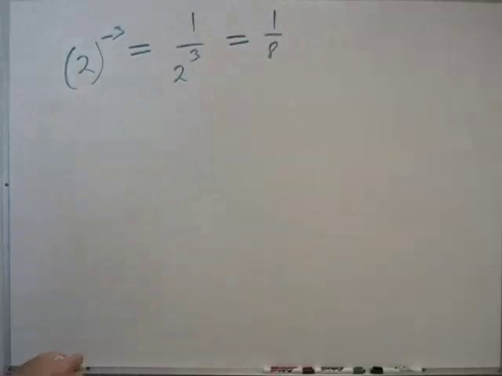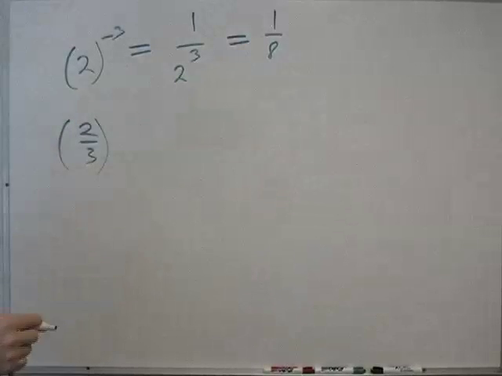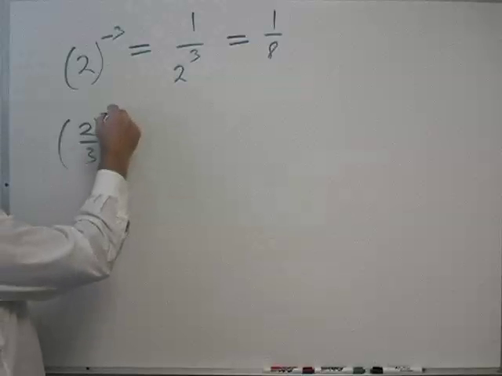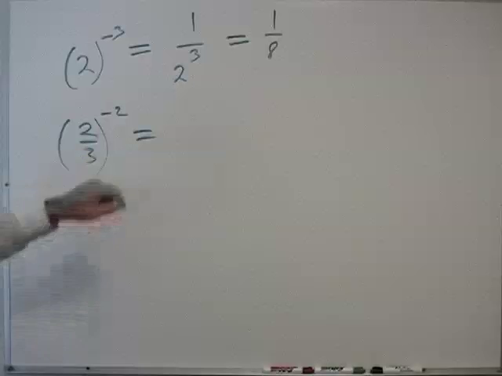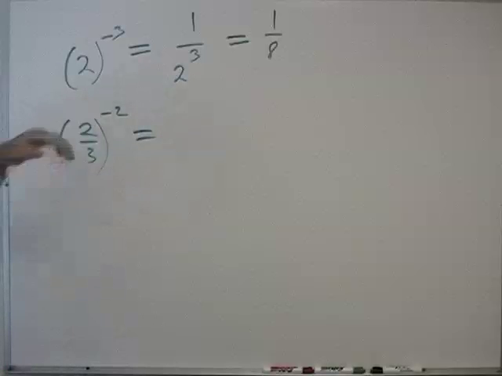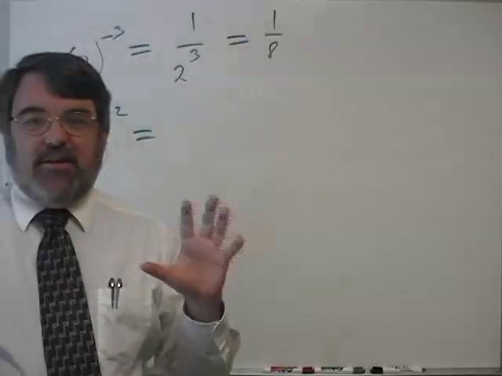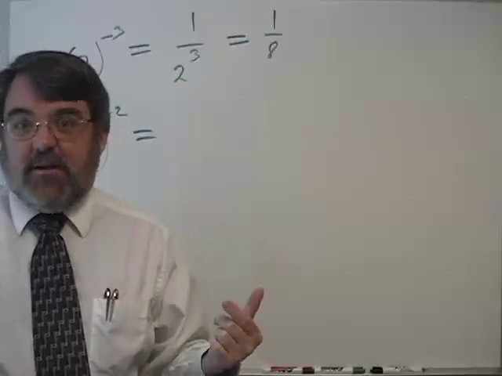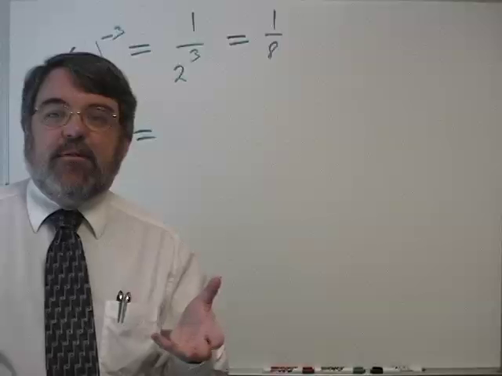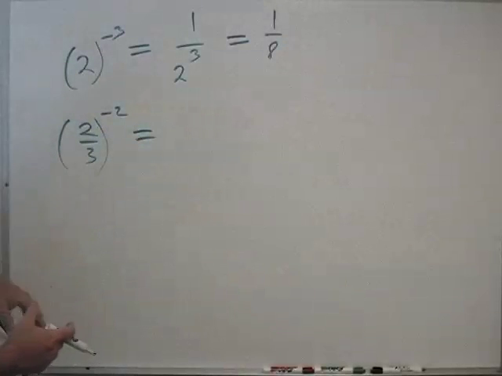Another example, if I had 2/3 raised to the negative 2 power, then before I apply this exponent, I want to change it to a positive exponent. So whenever you change the sign of an exponent, whether you're going from negative to positive or positive to negative, you always invert the base, or the number that's being raised to that power.